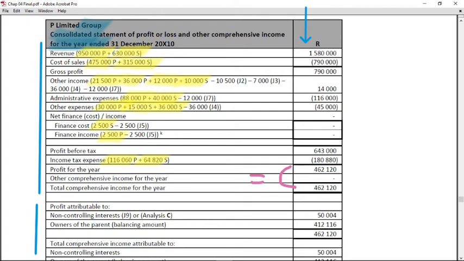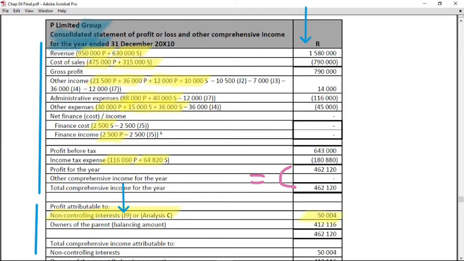Now, we've also written Journal 9, and the effect of Journal 9 on the consolidated SPLOCI is that we have a line item, profit attributable to non-controlling interest. We present that line item right at the bottom, and when we looked at Journal 9, I have discussed the calculation of this amount, the 50,004 Rand.